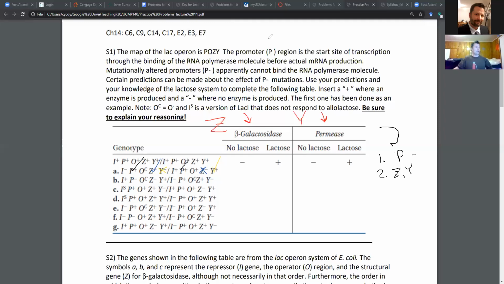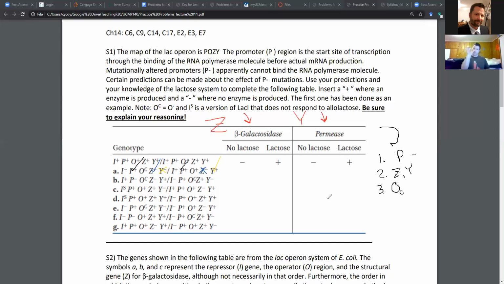Oh, there's black. Okay, so number 3, what you want to look at is if you have a constitutive operator. That is an OC. What is the OC mutation? Well, what happens there? Think for a sec, maybe remember. The OC mutation means that the LacI gene product, the inhibitor, cannot sit down, cannot inhibit transcription.